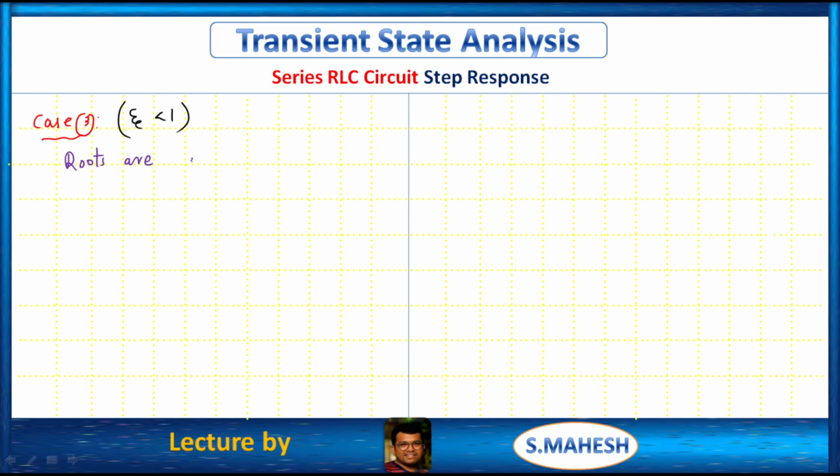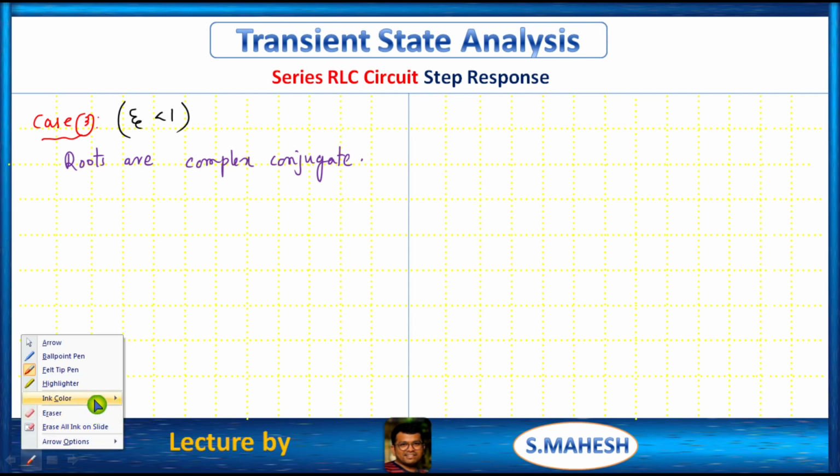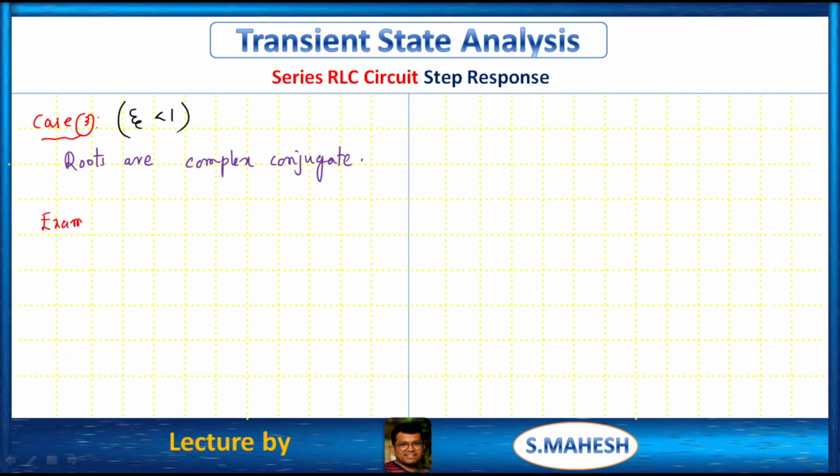We all know that if zeta is less than 1, what is the nature of poles? Roots are complex conjugate. Let us consider one example. Already we discussed this case in time domain analysis, just go through that, don't worry.